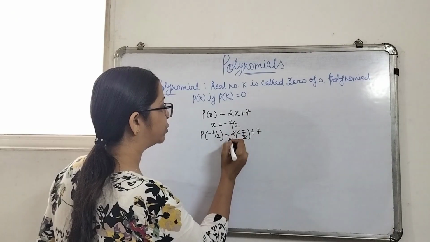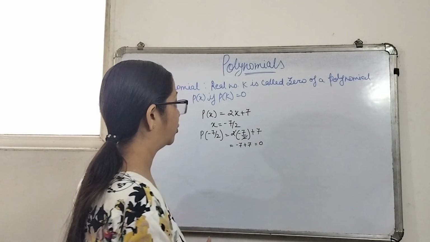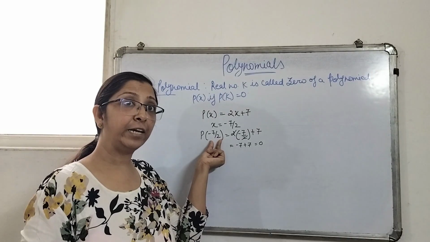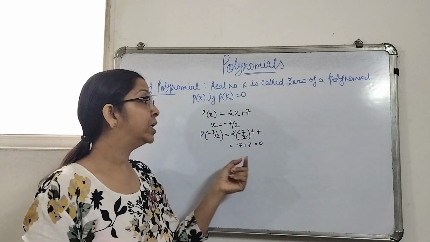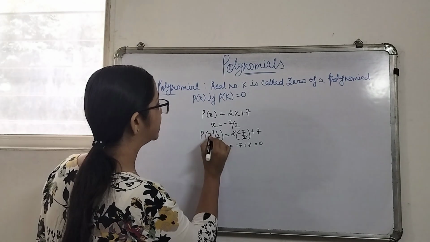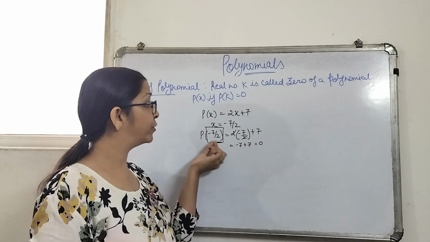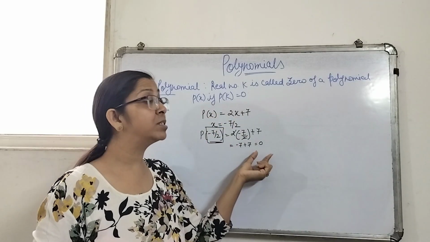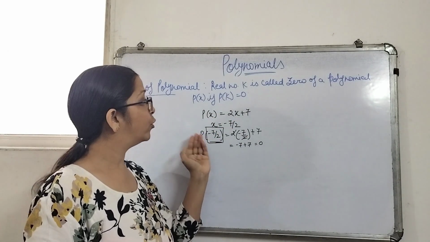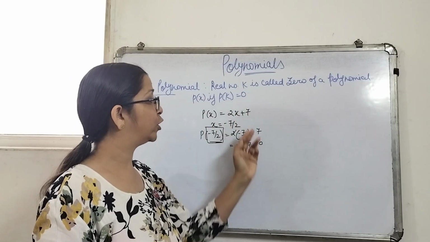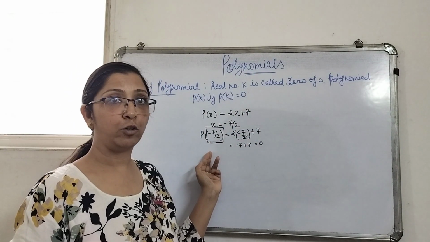The 2 and 2 cancel. It will be -7 plus 7, that is 0. So the value of k for which the value of the polynomial has become 0 is known as a zero of the polynomial. Any real number for which the value of the polynomial becomes 0 is known as a zero of the polynomial.